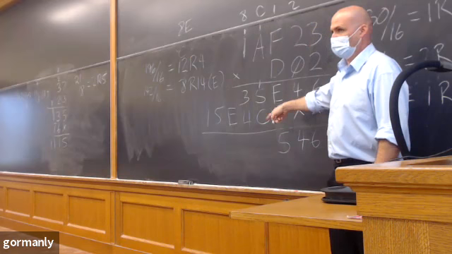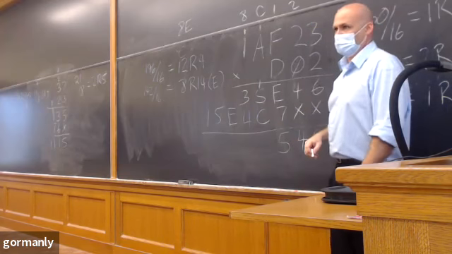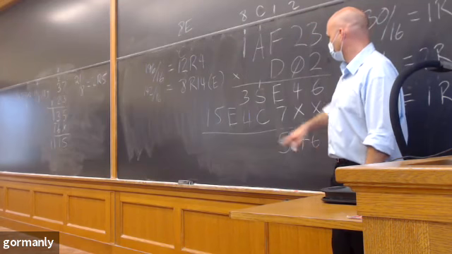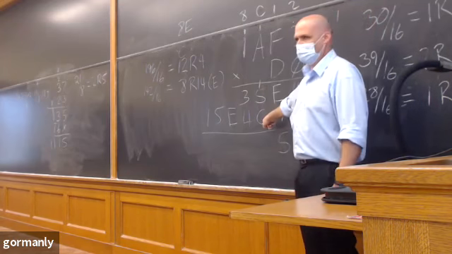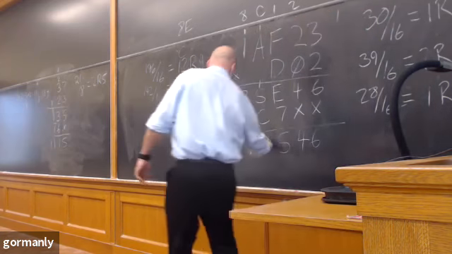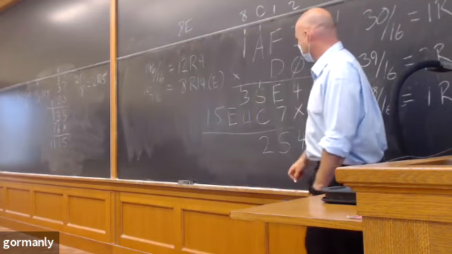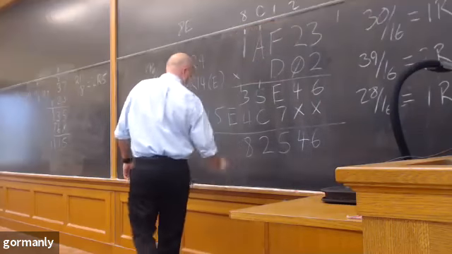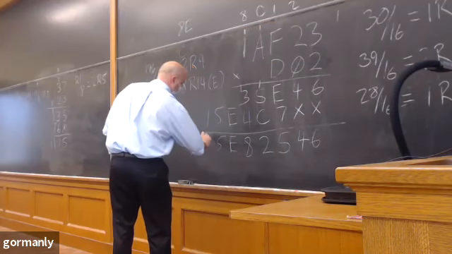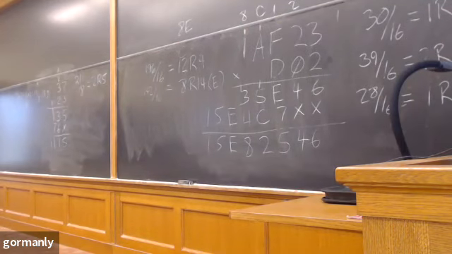C is 12, so I have 18, so 2 carry a 1. This is easy. 8, E, 5, 1. All right, let me see if I did it right. 1, 5, E, 8, 2, 5, 4, 6. Yes. We got it.